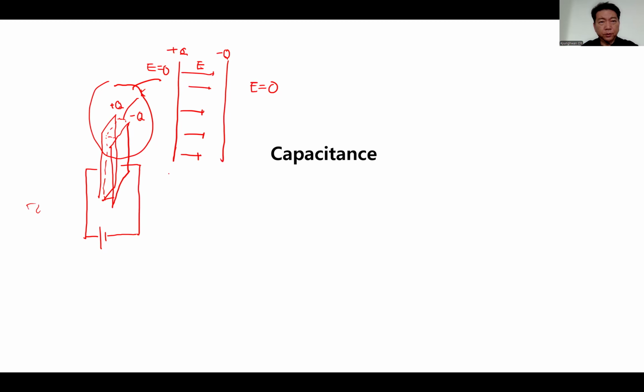And this capacitance is characterized by the capacitance C, and it is related by Q equals C times V. So if you have a high capacitance, that means you can store a lot of charge, and also you can connect it to a high voltage. So if you have a certain capacitance, you can store the electric field energy here.